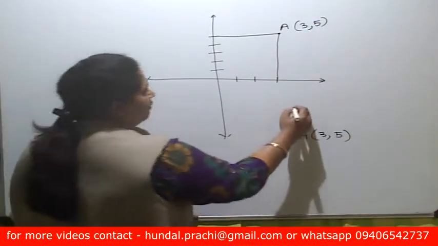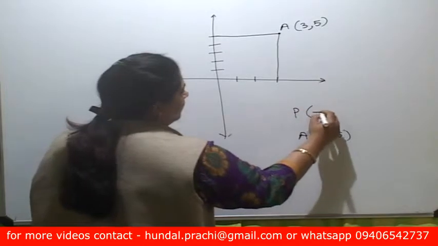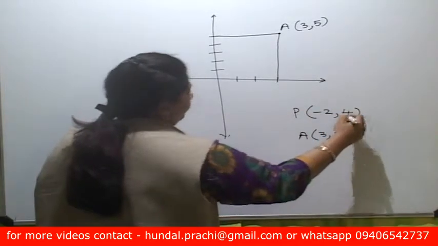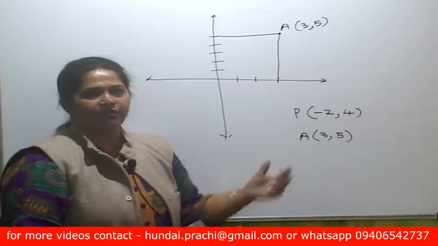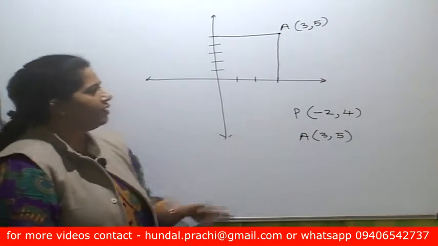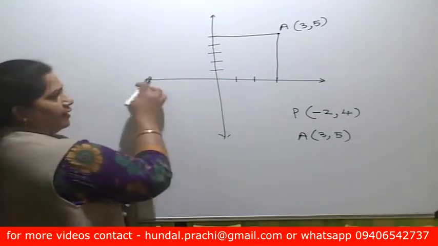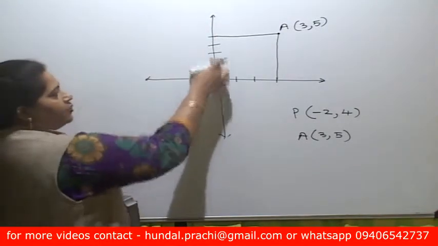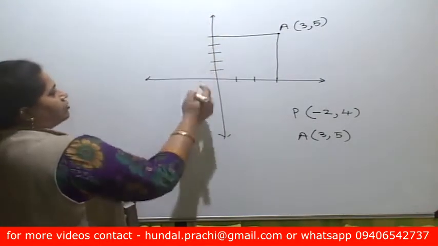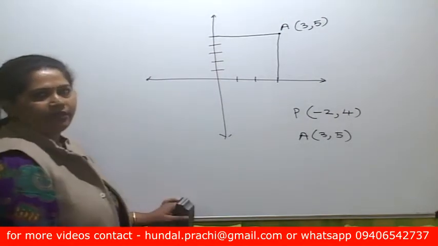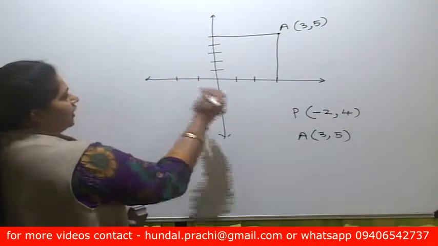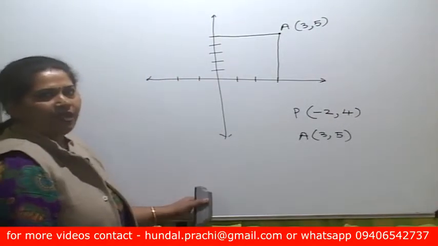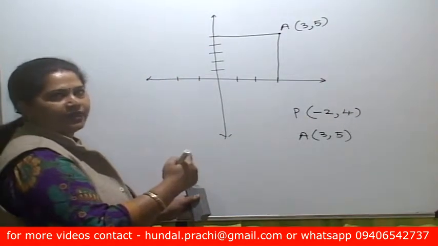Suppose I take another point P whose coordinates are -2 and 4. Now as we can see, here the x coordinate is negative whereas the y coordinate is positive. X is negative in this direction and y is positive in this direction. So the point will lie in the second quadrant. So x is -2, that is, the point is 2 units away from the y axis in the negative direction.